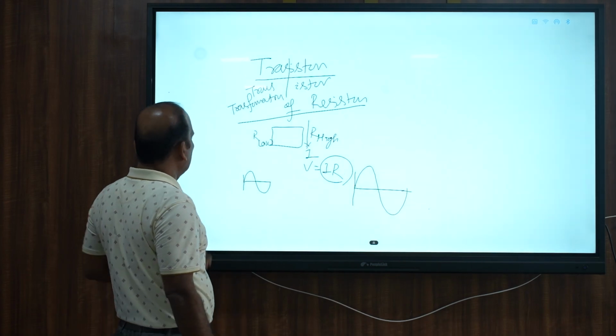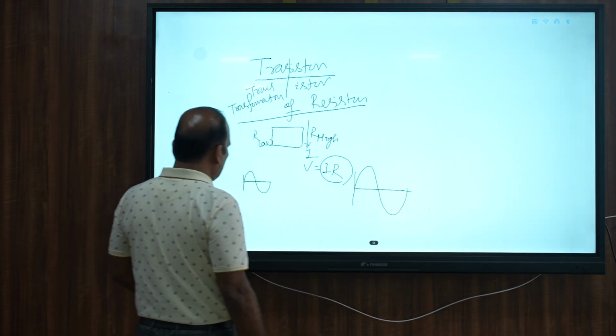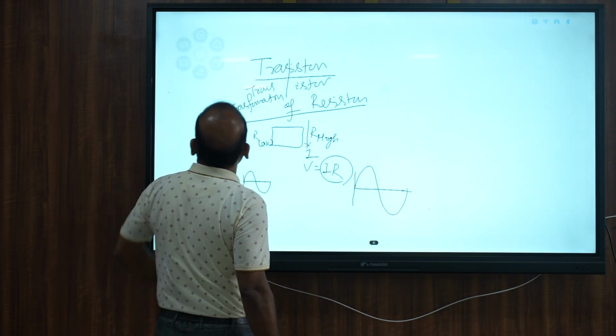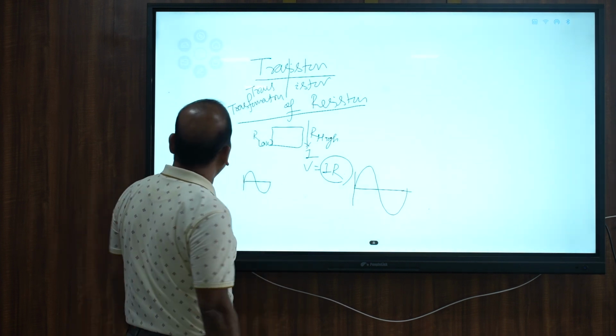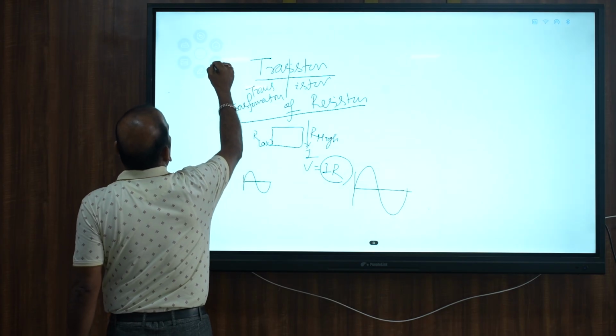Like this, we can discuss the transistor function in detail.